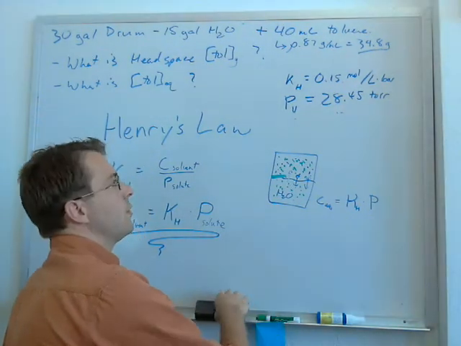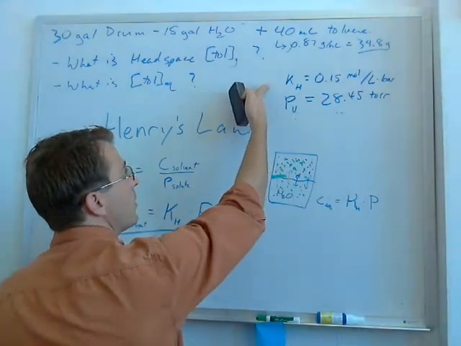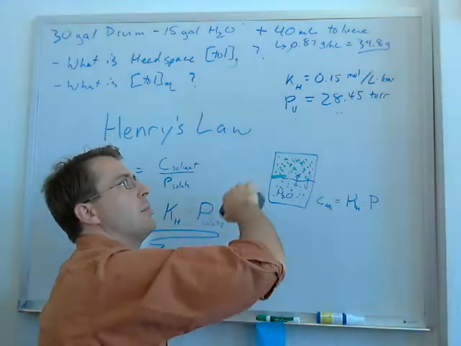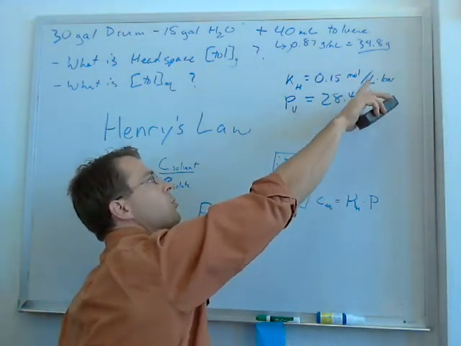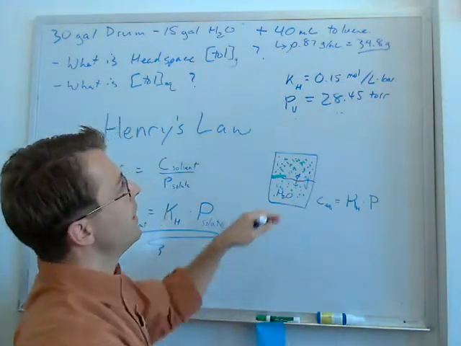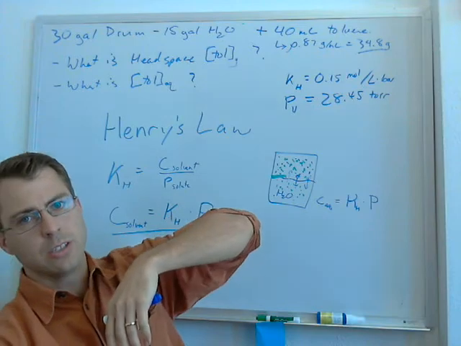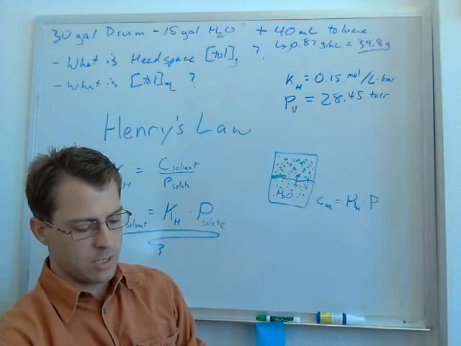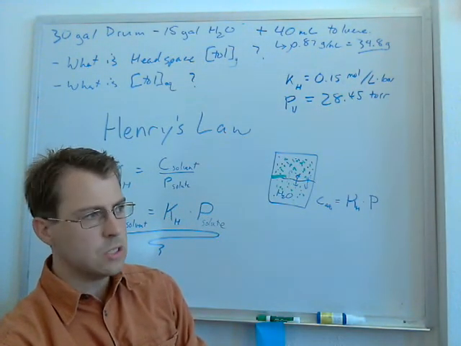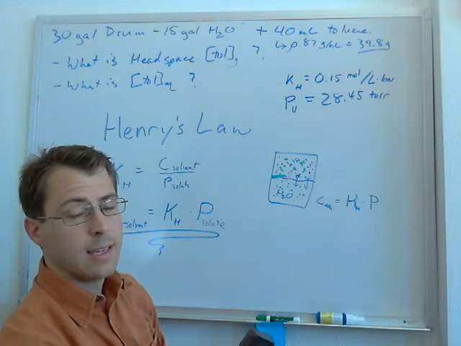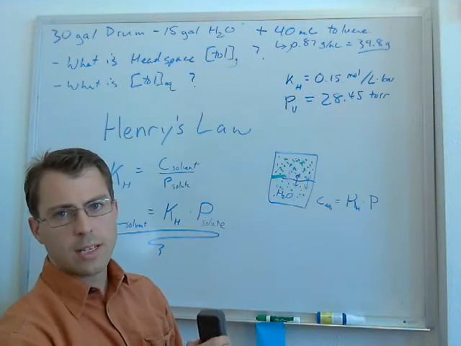So to check to see if it will all evaporate first, we need our Henry's law constant, which I've already looked up on the NIST. So you can see my units are moles per liter bar. And we have our vapor pressure, which I calculated using the Antoine equation. And I've discussed how to use Antoine equation on homework set 2, I think problem K. So you can look that up on your own.